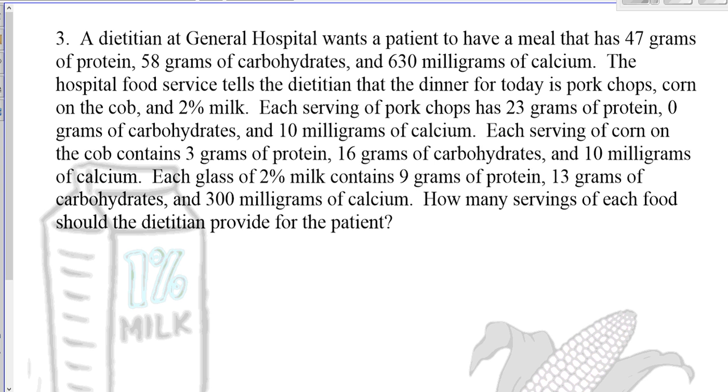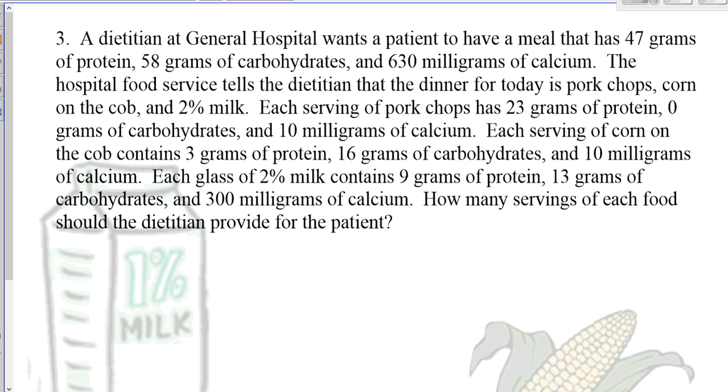So, a dietitian at a general hospital wants a patient to have a meal that has 47 grams of protein, 58 grams of carbohydrates, and 630 milligrams of calcium. The hospital food service tells the dietitian that the dinner for today is pork chops, corn on the cob, and 2% milk. Each serving of the pork chop has 23 grams of protein, 0 grams of carbs, and 10 milligrams of calcium.